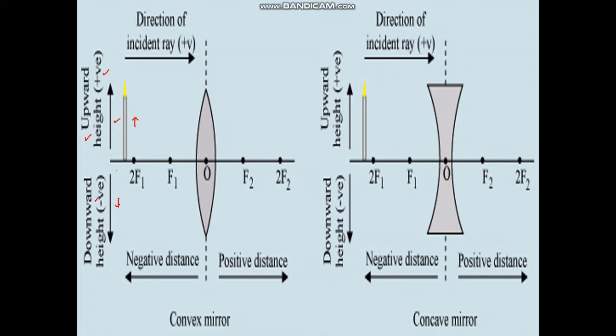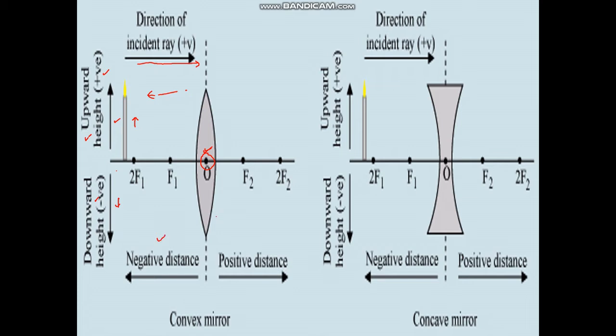Now, this object, the light is moving towards this side. So this object distance, this is the direction of light. All distances are to be measured from the optical center. So if you want to measure this distance, this will be against the direction of light. So this will be negative distance.